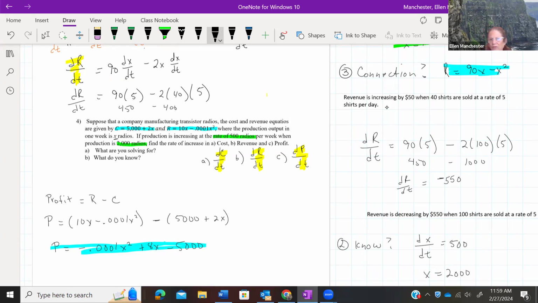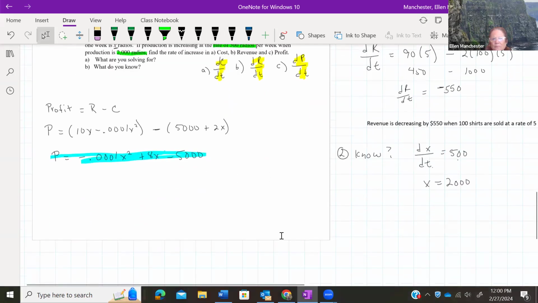So our radios are changing per week by 500, and the number of radios is 2,000. Okay, so that's what we know. That's what we're finding, and we have the connection already.